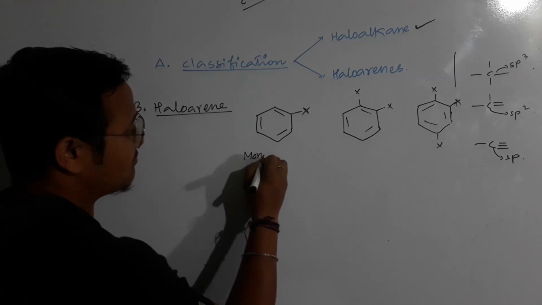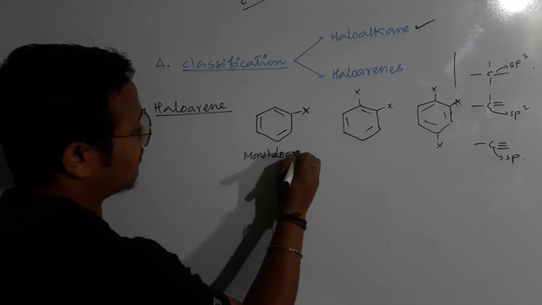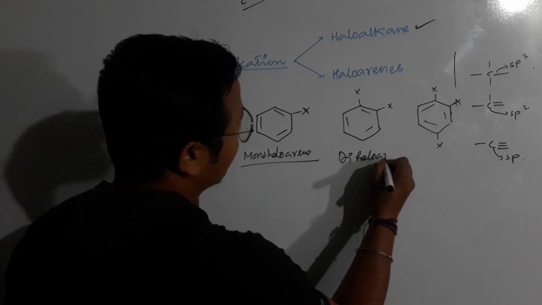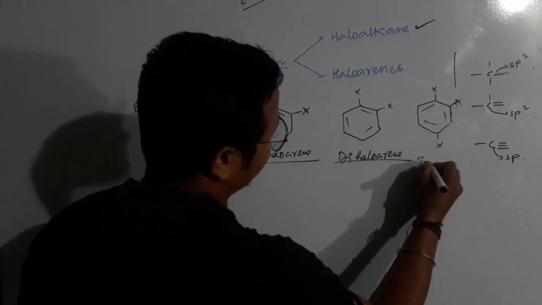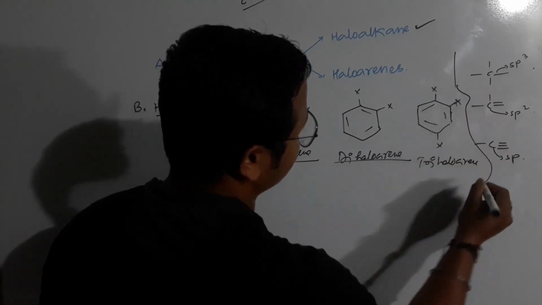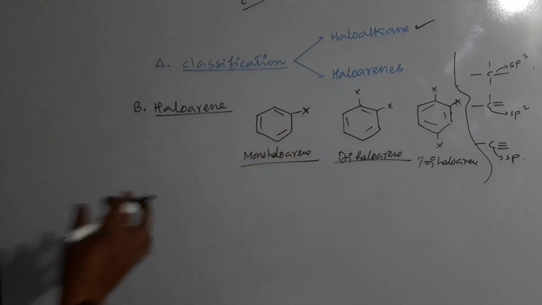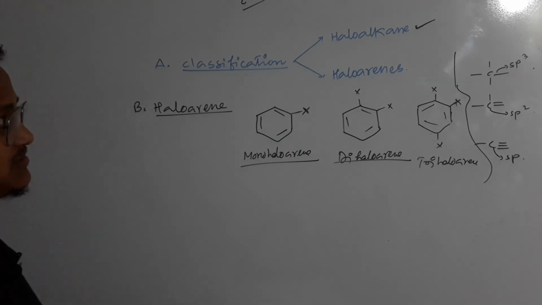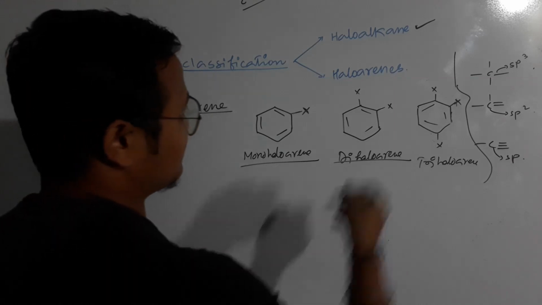We will say monohaloarene. It will be dihaloarene, and it will be trihaloarene. Okay, guys? So this is the only basis of classification of haloarene. Clear? I think so. This is all about the classification.